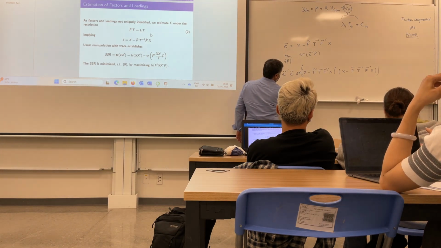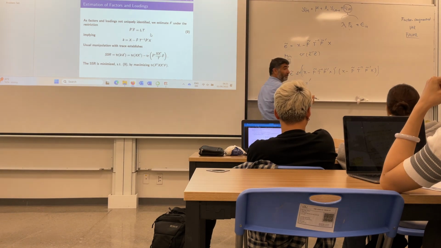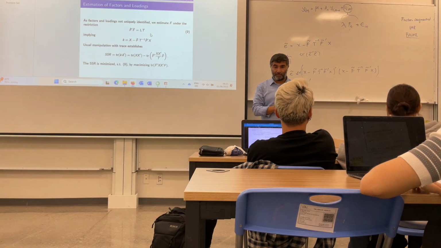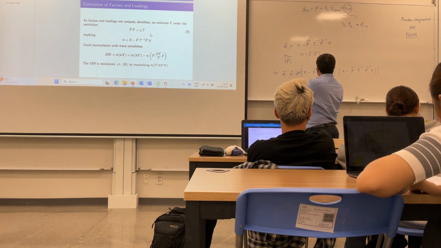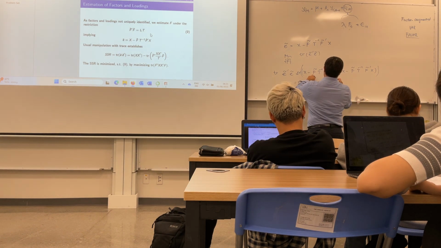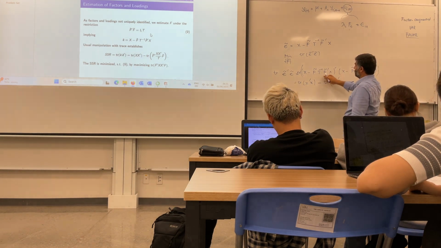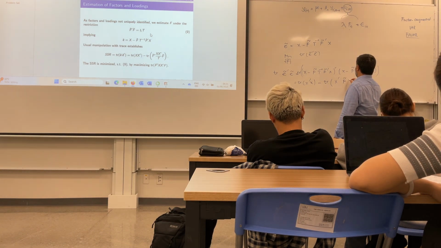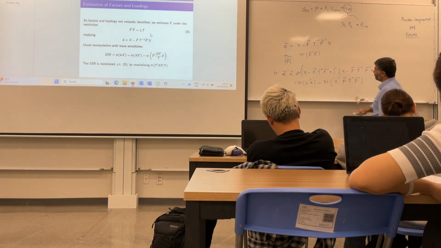Well, that would be the trace with x prime x. The trace is linear: the trace of a plus b is the trace of a plus the trace of b. That's what we're going to do. So x prime x minus trace of, here that's a prime, so that becomes x prime, and then I have f tilde T to the power of minus 1 f tilde prime, that's the other term.